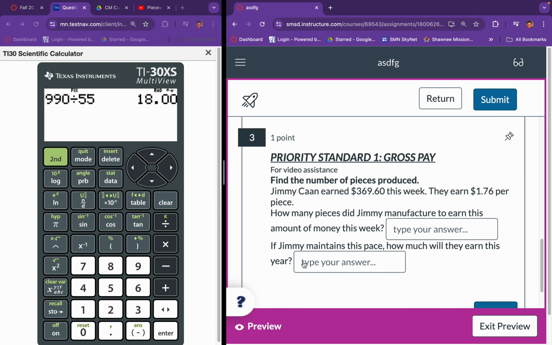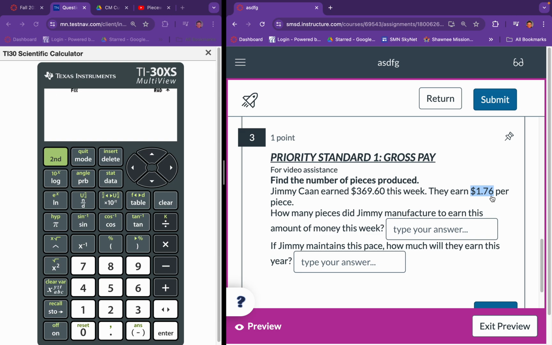Question 3. Jimmy Kahn earned $369.60 this week. So that's what he earned in 1 week's time. They pay him $1.76 a piece. So every piece that Jimmy creates, they pay him $1.76.